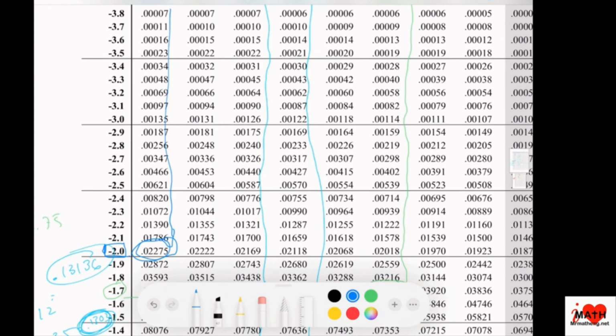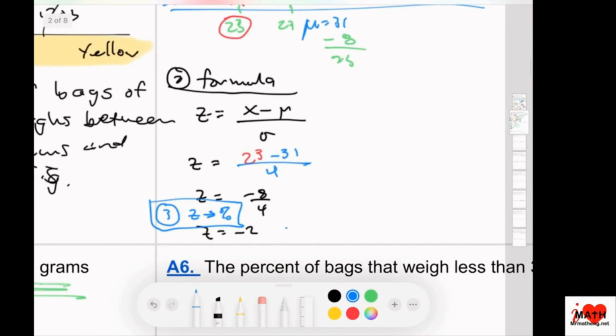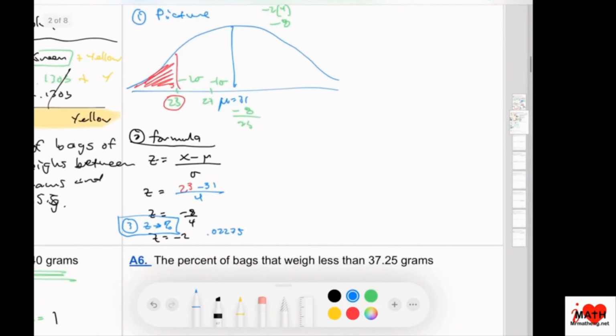That's actually our answer. 0.02275. Okay, that represents our red area.